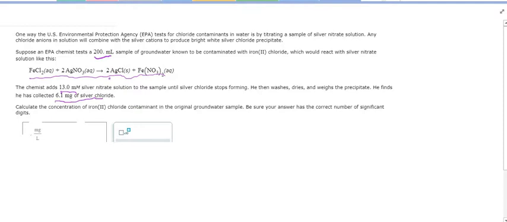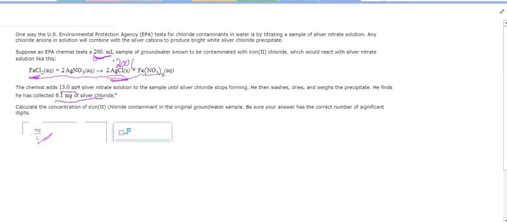Okay, so we collected this silver chloride right here, and we're being asked to find the concentration of iron 2 chloride in a 200 ml sample. I'll just hurry and convert that to liters because our answer wants liters, so that's 0.200 liters.